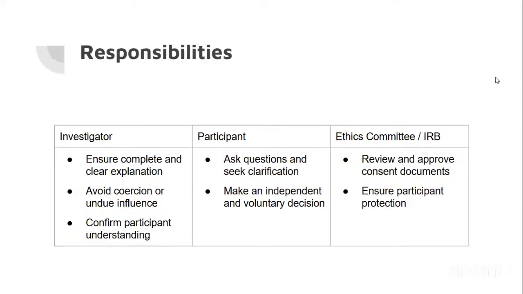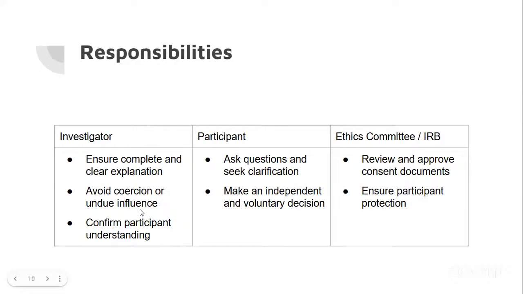And when we talk about informed consent, there are a few responsibilities on the part of the investigator, the participant, and the ethics committee (IRB). So, when we talk about the investigator, the investigator has to ensure a complete and clear explanation of what the research is about and all the protocols and everything that we talked about in the key elements, and avoid coercion or undue influence.